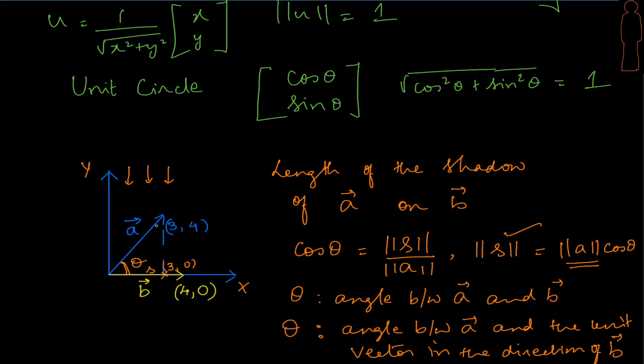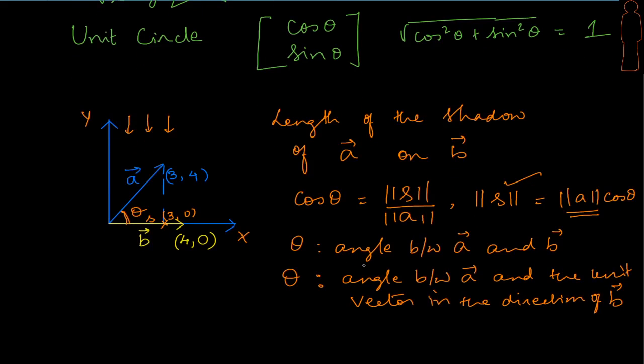So given A and B vectors, we will be able to give the length of the shadow of A on the unit vector in the direction of B, and that will be the magnitude of A cos theta. Let's call this unit vector in the direction of B the u vector.